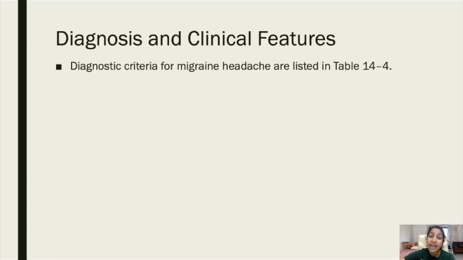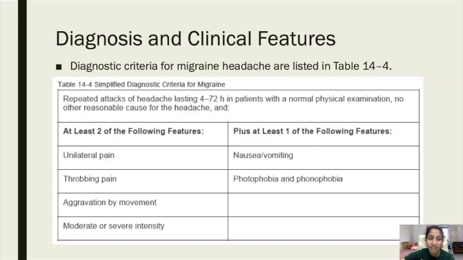Next comes the diagnosis and clinical features. This table shows the diagnostic criteria for migraine headache, and at least two of the following features should be there. Repeated attacks of headache lasting 4 to 72 hours in patients with a normal physical examination, no other reasonable cause for headache, and unilateral pain, one-sided pain, throbbing pain, and aggravation by movement.